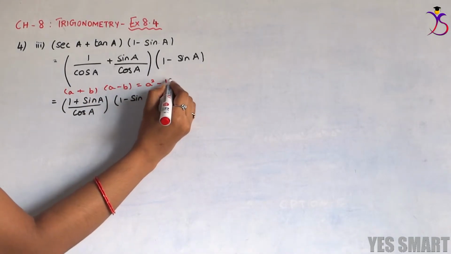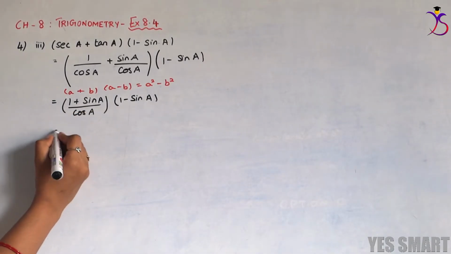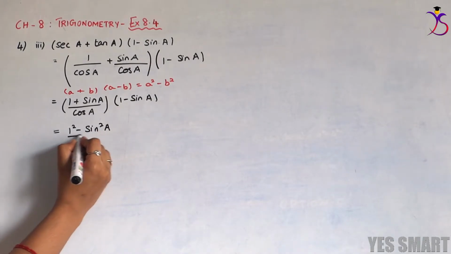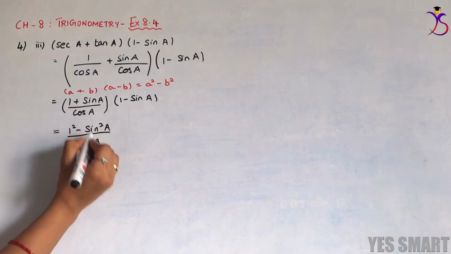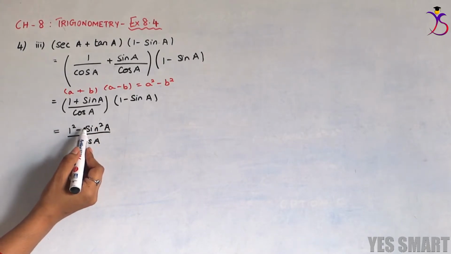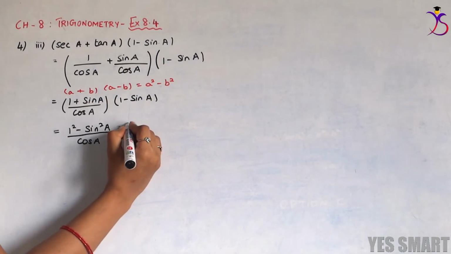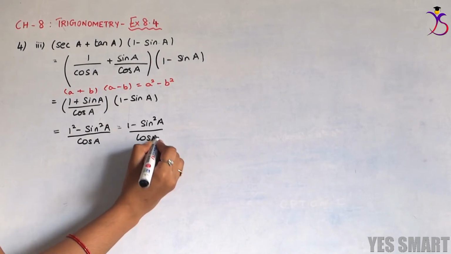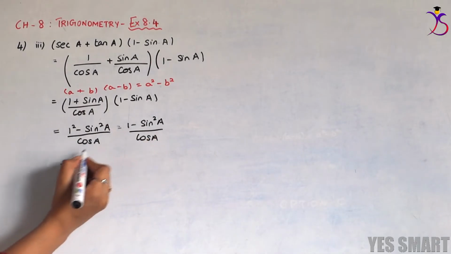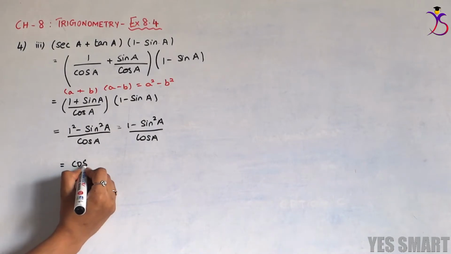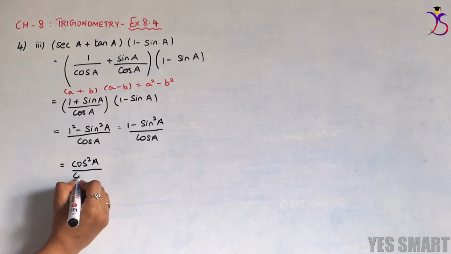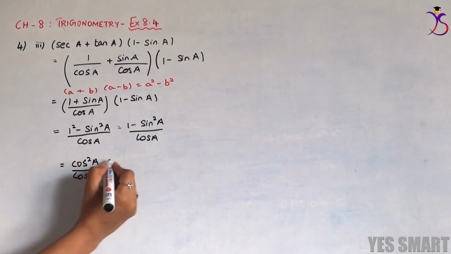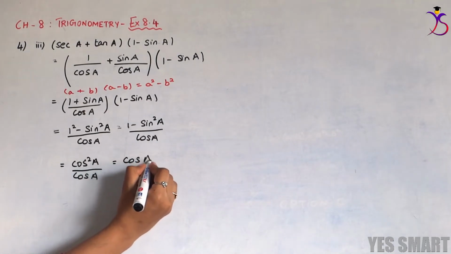Hence, on expanding the numerator using the identity, 1 square minus sin square A divided by cos A. Now 1 minus sin square A, we already know, is cos square A. So cos square A by cos A. In the numerator we have cos square A, meaning we have 2 cos A in the numerator and 1 cos A in the denominator. Therefore we can cancel it. Therefore the final answer will be cos A, which is option D.